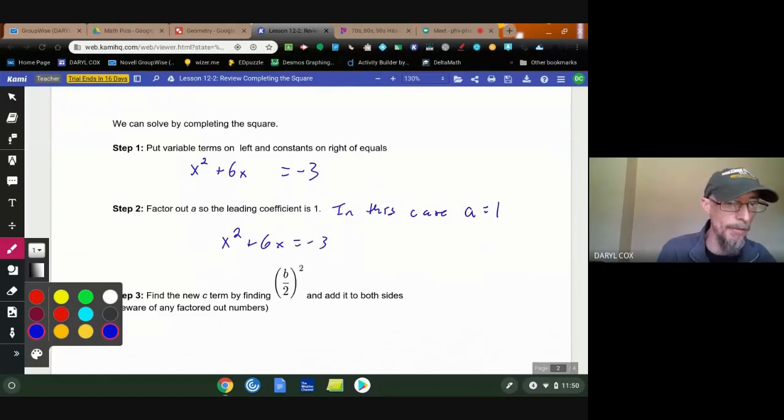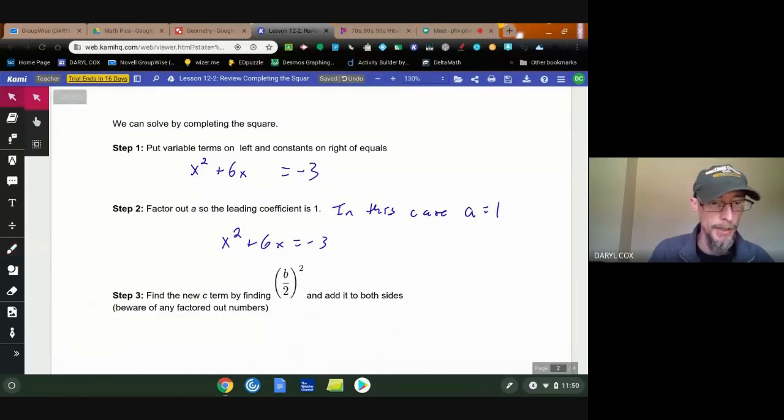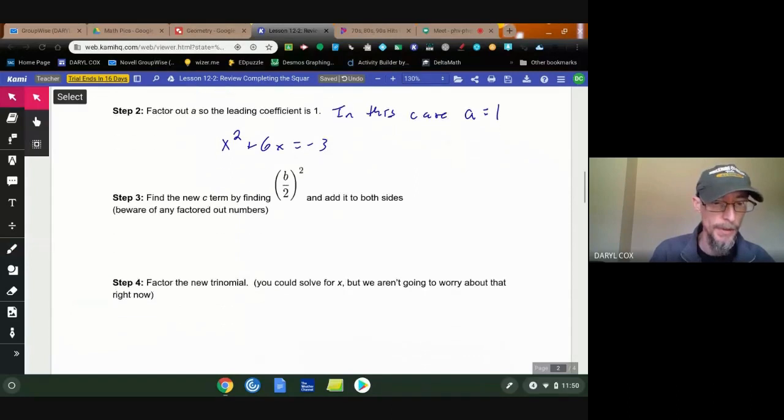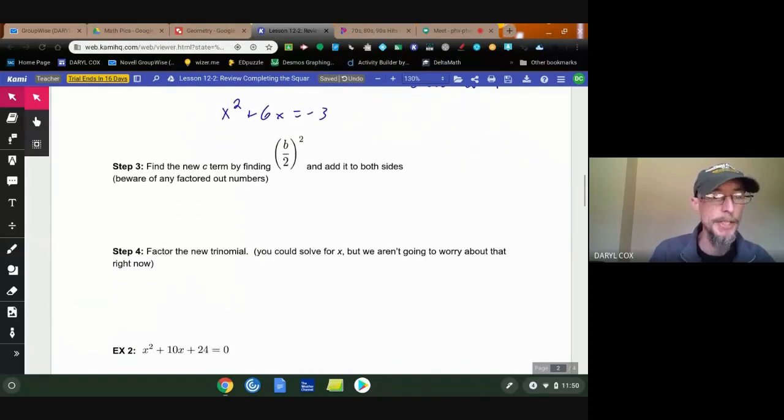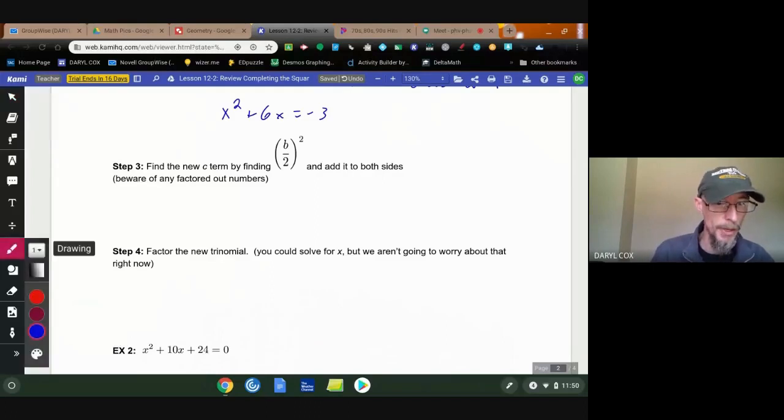Okay, but we still haven't factored, right? We haven't done anything fancy with the factoring. I just moved something to the other side. That's not factoring. So now I need to find a new C term. Okay, now our C term is going to be found by doing this equation right here. So my C will equal whatever my B term is over 2 squared.